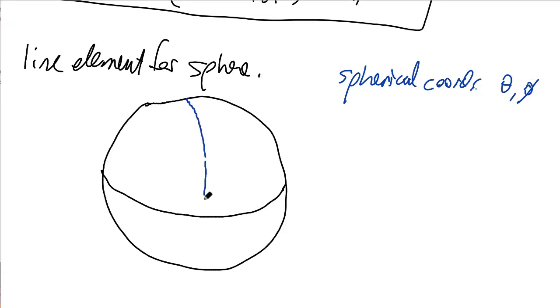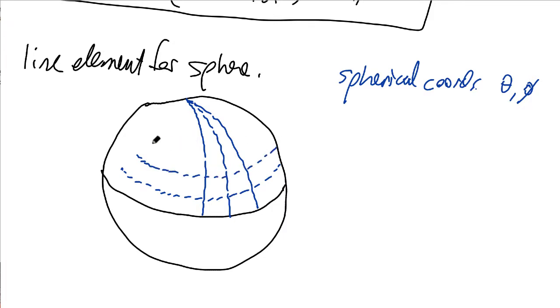So here are curves of constant phi and curves of constant theta. All right, let's look at two nearby points.